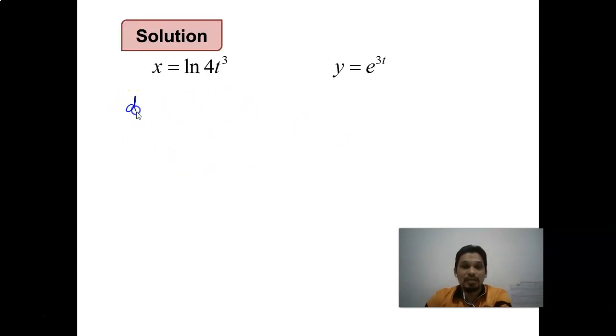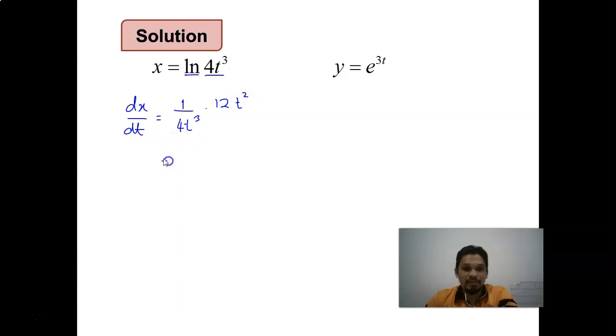So dx dt: differentiate the ln first, it gives you 1 over 4t cubed. Then multiply with the derivative of 4t cubed with respect to t, which is 3 times 4 equal to 12t squared.